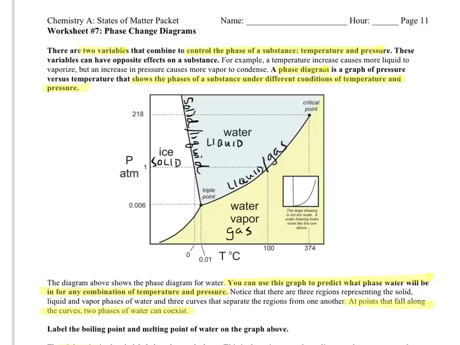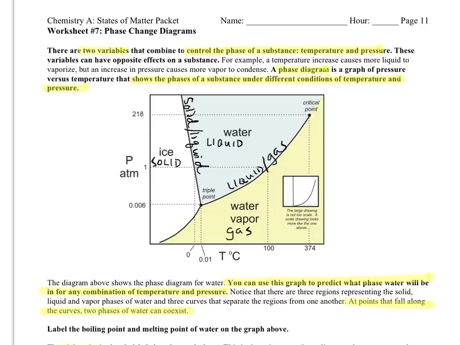Because the difference between a solid and a liquid and a gas is how tightly packed together the molecules are. So if you apply a lot of pressure to a substance, then it's going to squeeze its molecules closer together, allowing more intermolecular forces to form, and then you're going to eventually liquefy and after that solidify the substance.